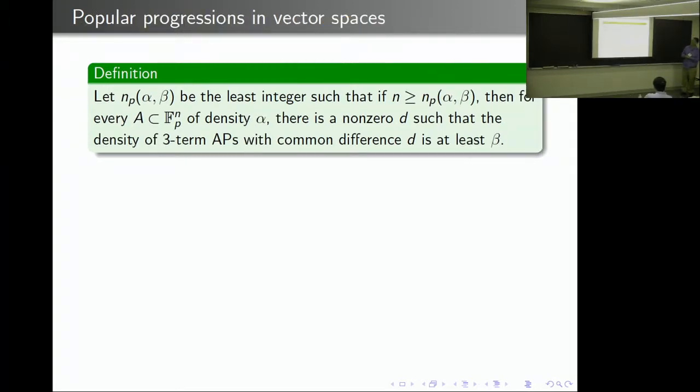And it turns out that there are several different ranges for np alpha beta where the tower height behaves differently in these different ranges. And we had to come up with different techniques for each of these different ranges.